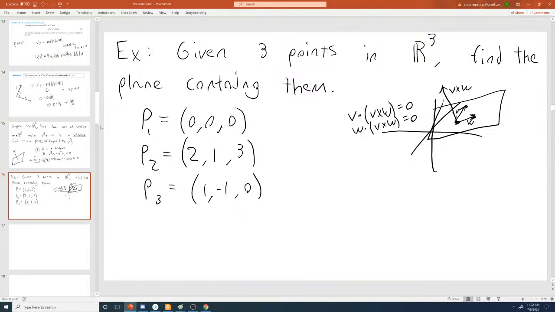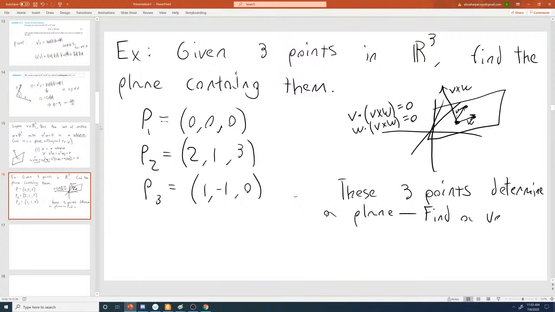And so these 3 points determine a plane. And the question is, find a vector orthogonal to it.